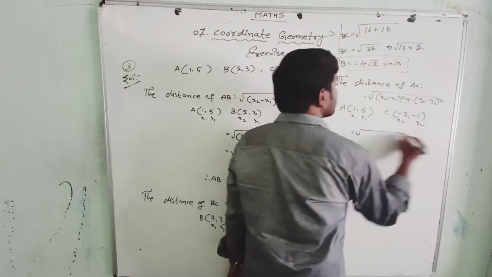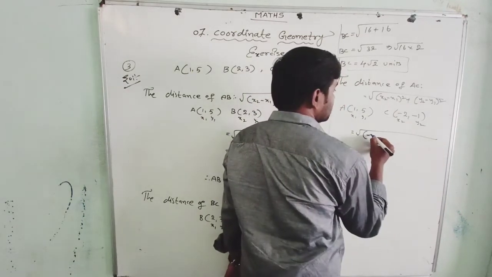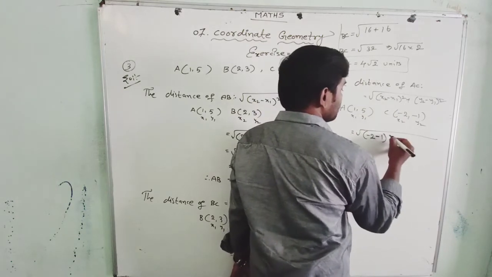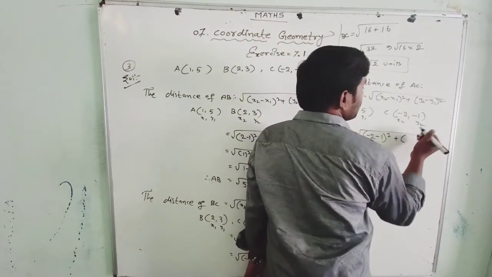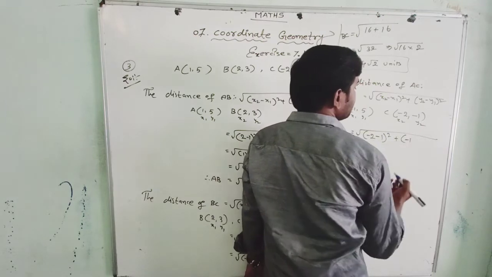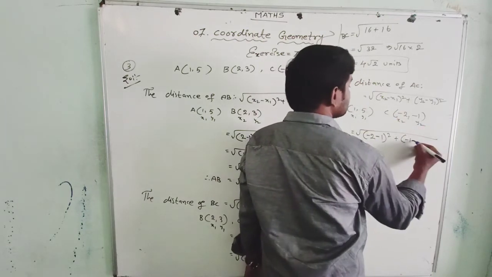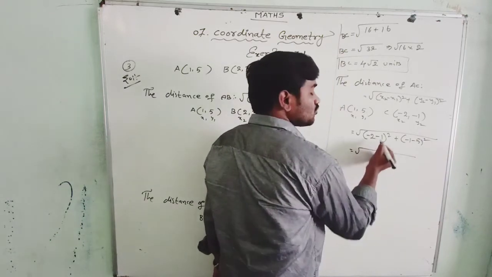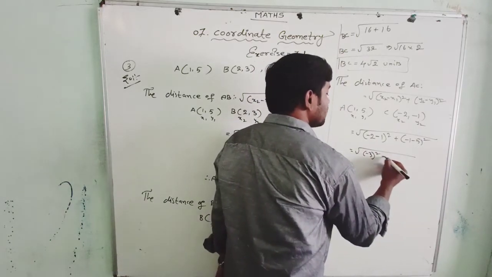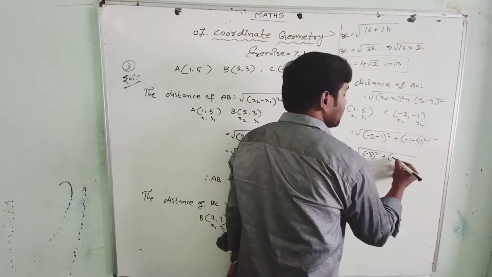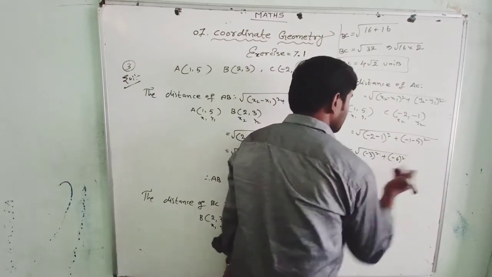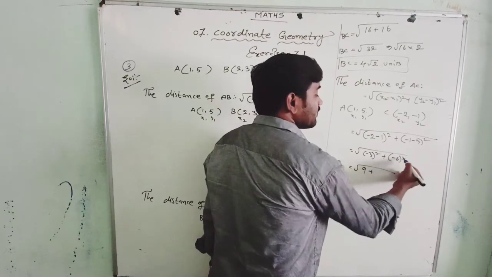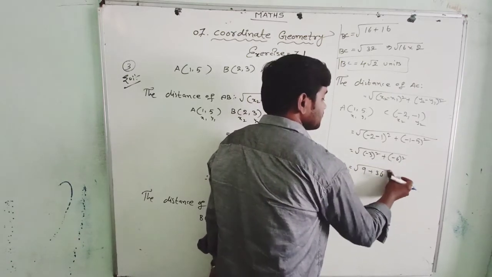Let us substitute in that formula now. x2, that is minus 2, minus x1, that is 1, whole square, plus y2, that is minus 1, minus y1, that is 5, whole square. That equals root of minus 2 minus 1, that is minus 3 whole square, plus minus 1 minus 5, that is minus 6 whole square. Minus 3 whole square is 9 and minus 6 whole square is 36.